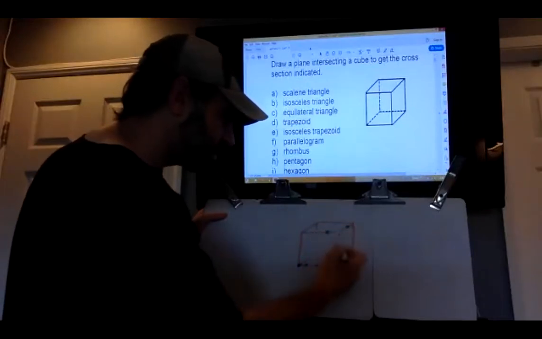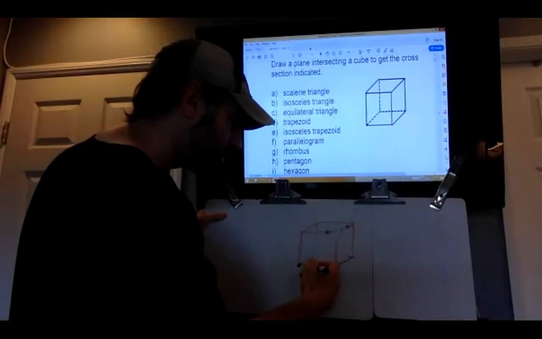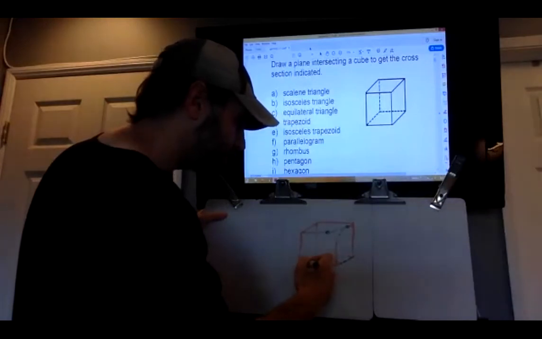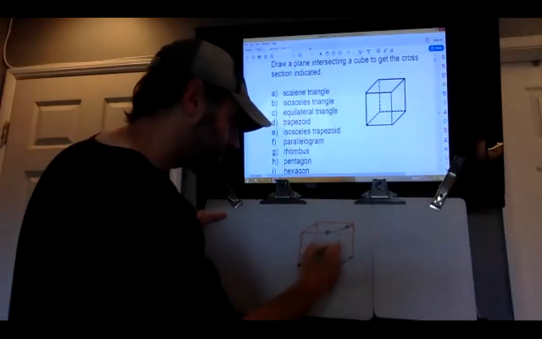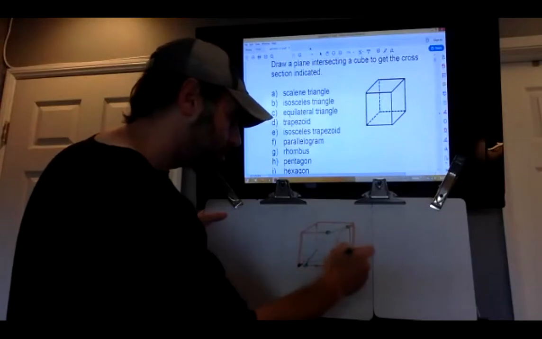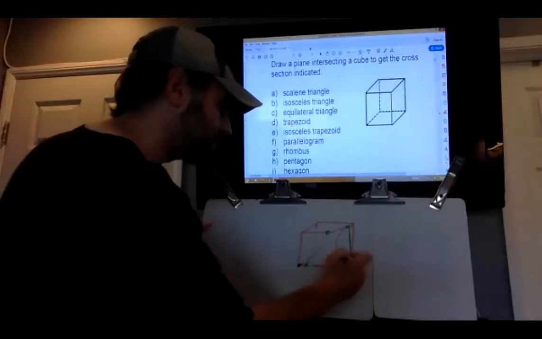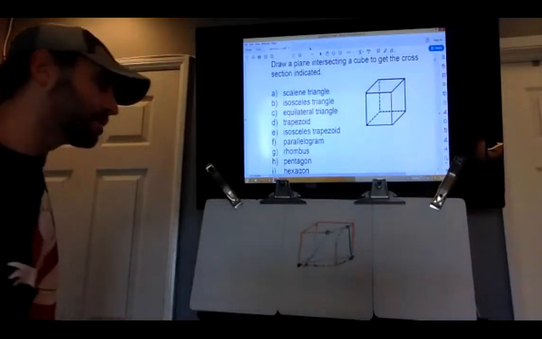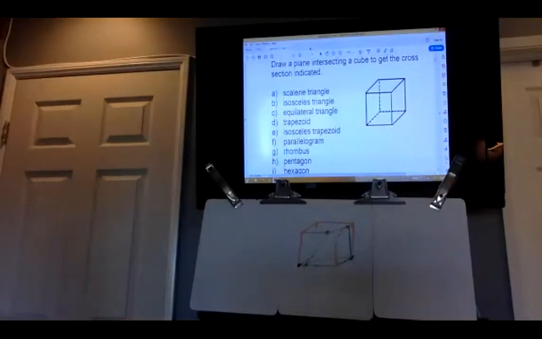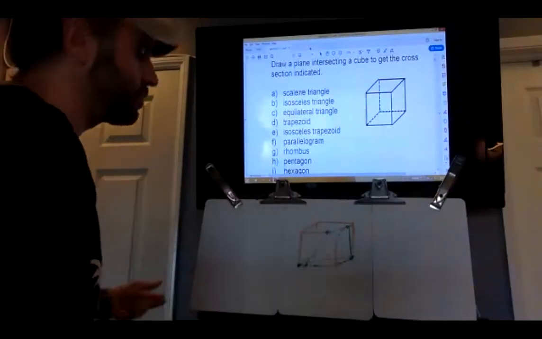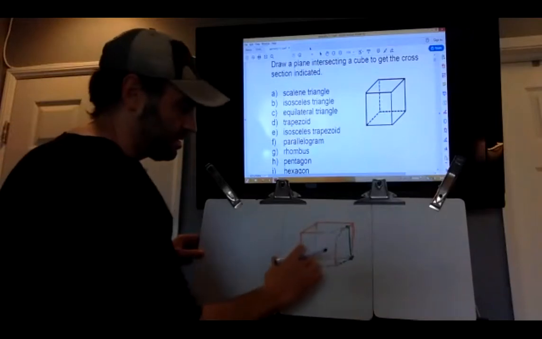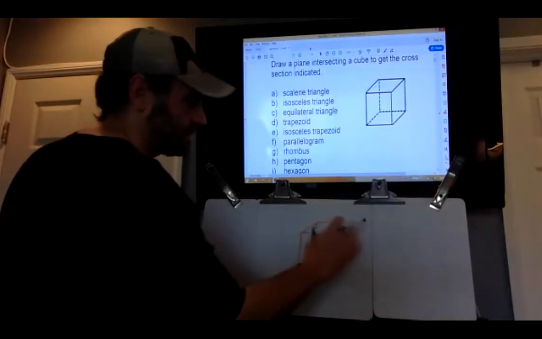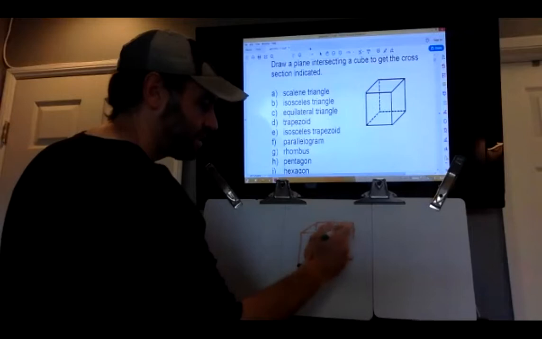So if this one's like this, then this one has to be also the same. Wider. Maybe something like that. But it looks like it's twisted though. I don't think that would work.